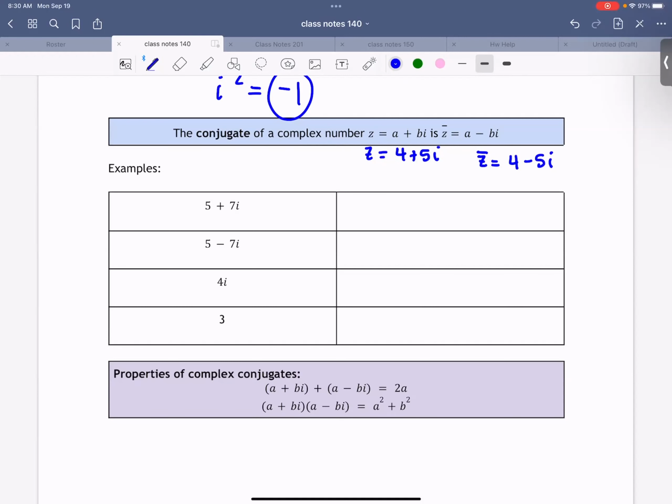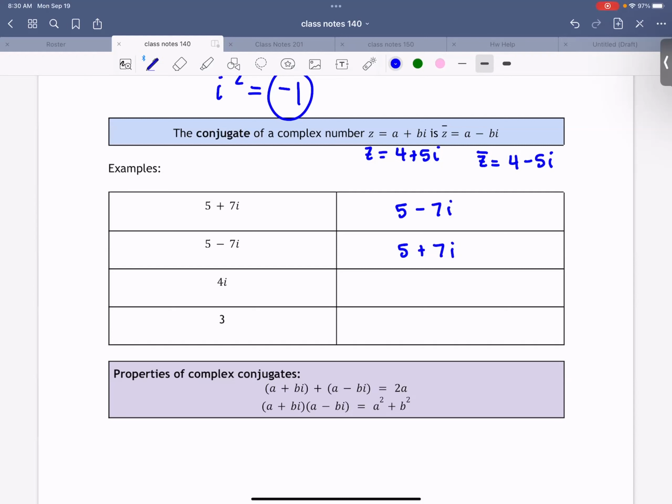Let's do a few examples that might be illuminating. What's the conjugate of 5 plus 7i? Good, 5 minus 7i. And then the conjugate of 5 minus 7i would be 5 plus 7i, right? So every number and its conjugate are conjugates of each other, so they pair up.